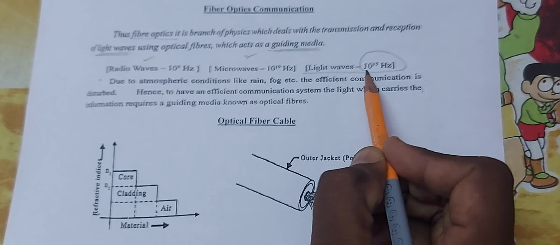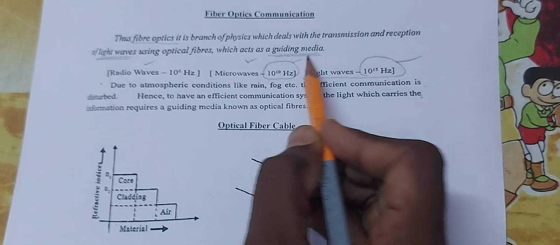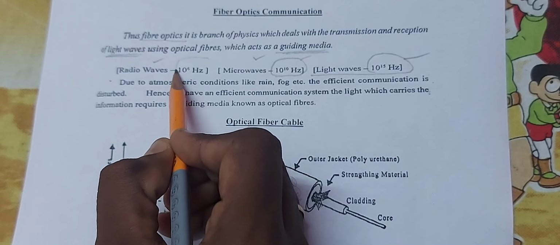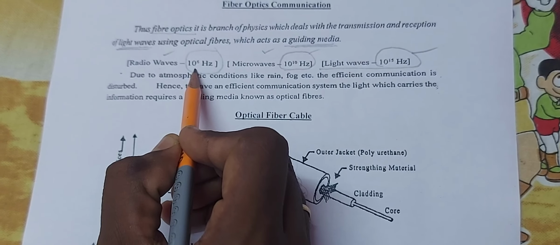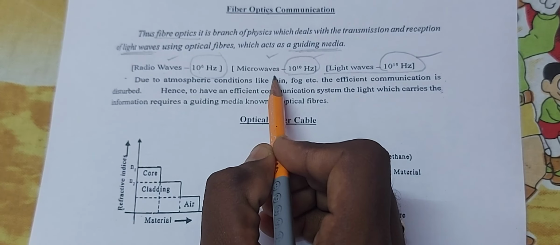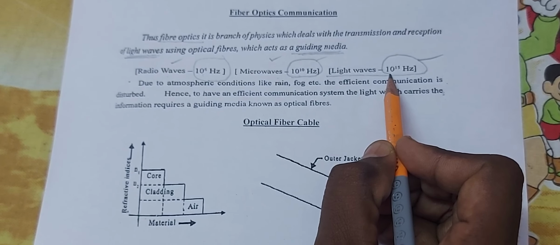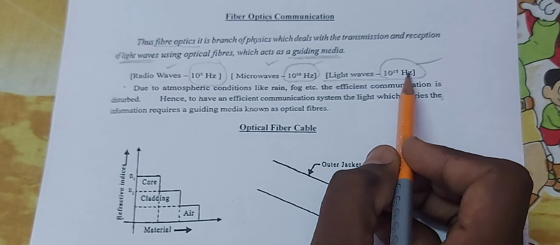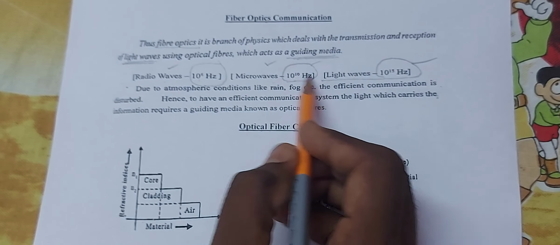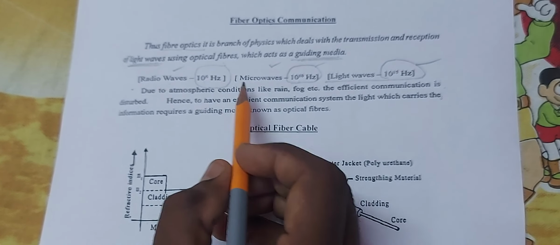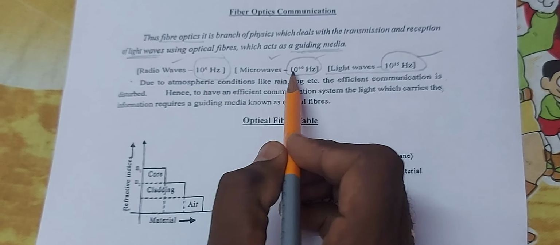Because if we look at the frequency, radio waves have a frequency of 10 to the 6 hertz, microwaves 10 to the 10 hertz, and light waves 10 to the 15 hertz. The frequency is very high compared to the other two, so we can accommodate more data.